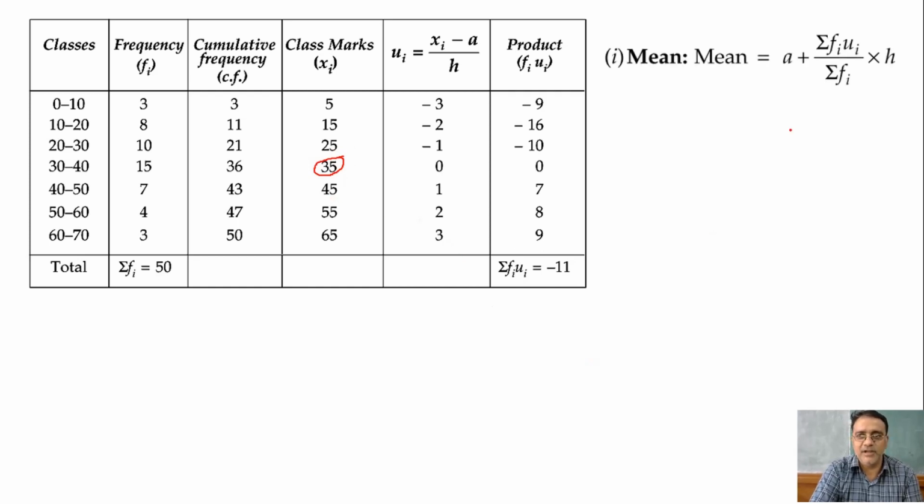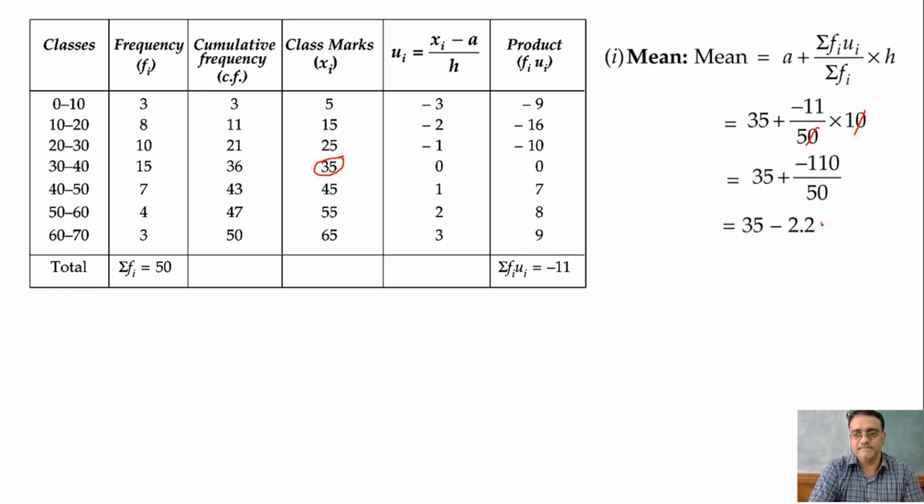We write the formula first: A plus summation FU upon summation F, into H. Then substitute: 35 plus -11 by 50 into 10. The zeros cancel, so 35 minus 2.2 we get, that is 32.8. This is the required mean.